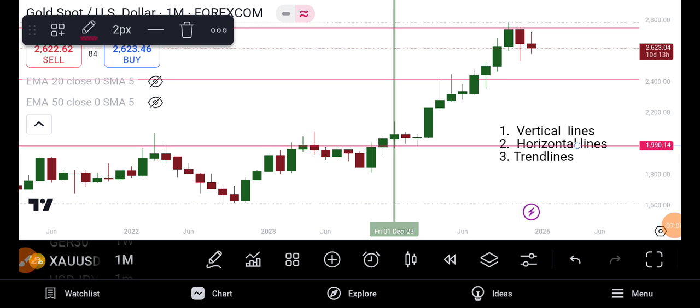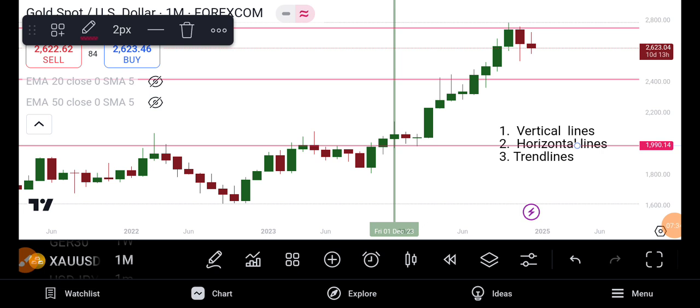You don't have to mark everything, just as long as you know which areas are important, because you don't want your chart to be too crazy, or full of indicators and lines and everything. So now that's horizontal lines.